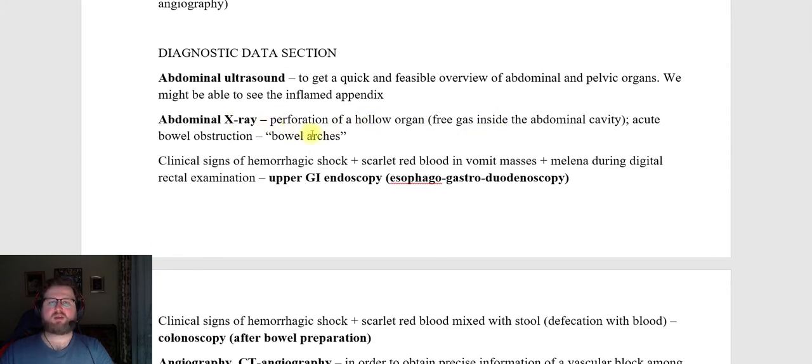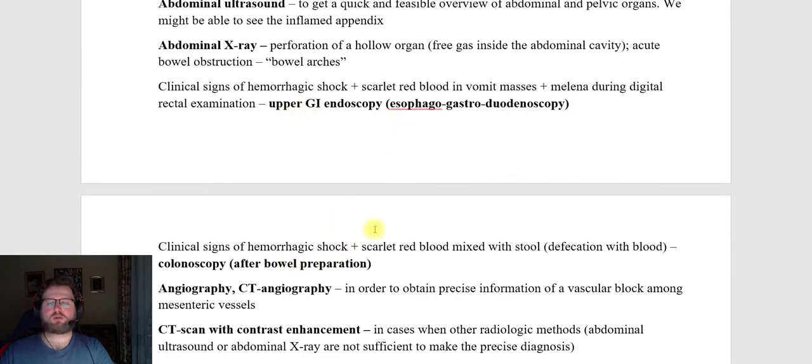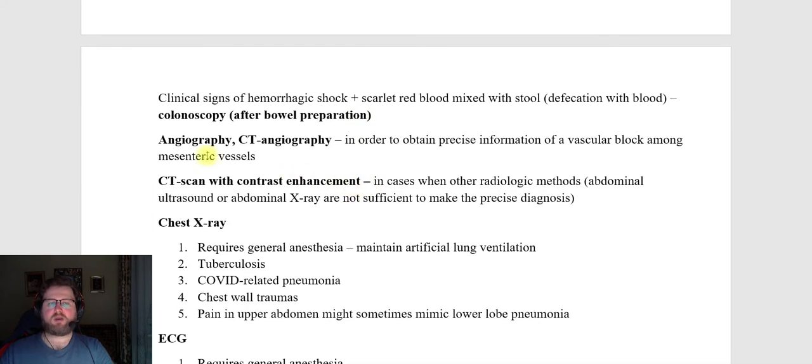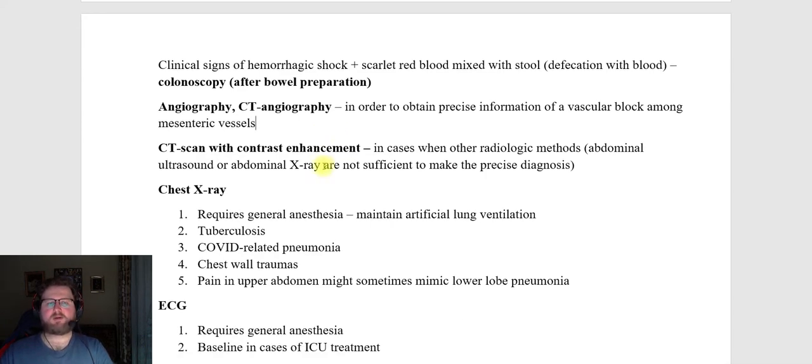Abdominal X-ray may give us signs of hollow organ perforation or acute bowel obstruction. Upper and lower GI endoscopy will provide us information about the presence of intestinal bleeding and the source of bleeding. Angiography or CT angiography will show us the exact point of vessel block in cases of acute mesenteric ischemia.